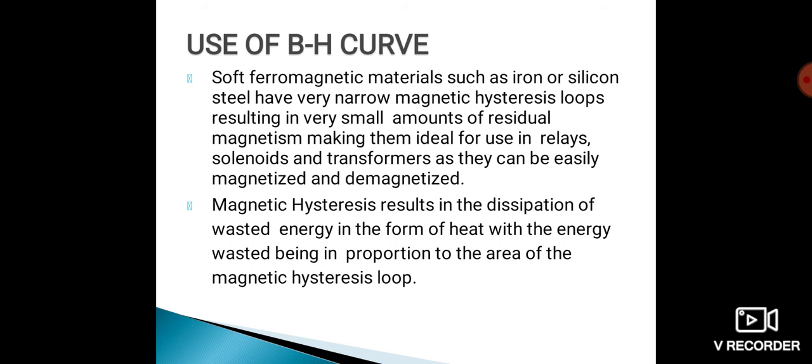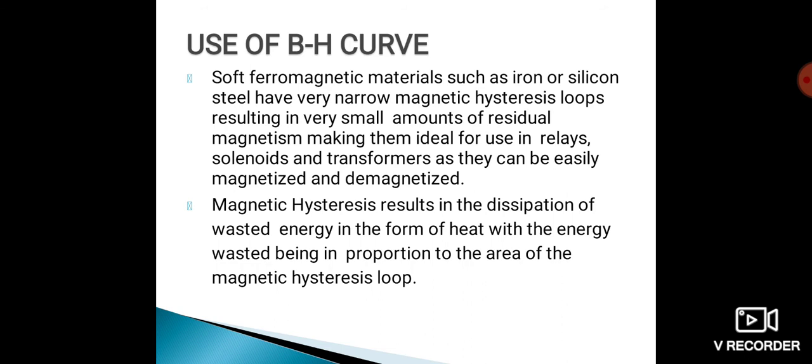Now, the use of the BH curve: soft ferromagnetic materials such as iron or silicon steel have a very narrow magnetic hysteresis loop, resulting in a very small amount of residual magnetism, making them ideal for use in relays, solenoids and transformers, as they can easily magnetize or demagnetize.